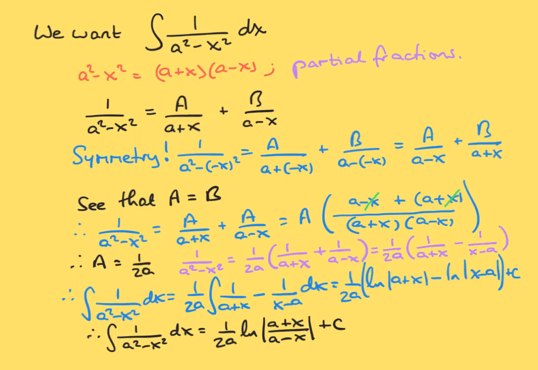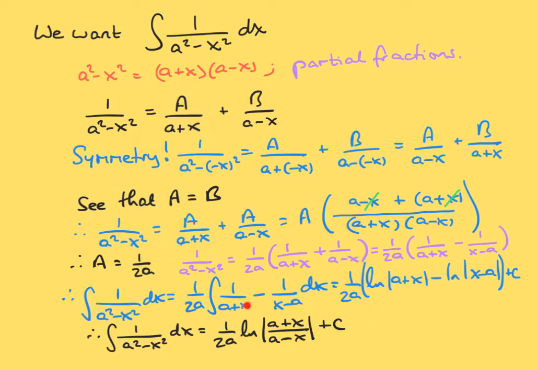And I think if we do this, all I've done is I've multiplied top and bottom by a minus sign. If we do this, we are more likely to perform this integral correctly. So we're integrating this, and it's equal to 1 over 2a. I pull outside the integral because it's multiplying everything.